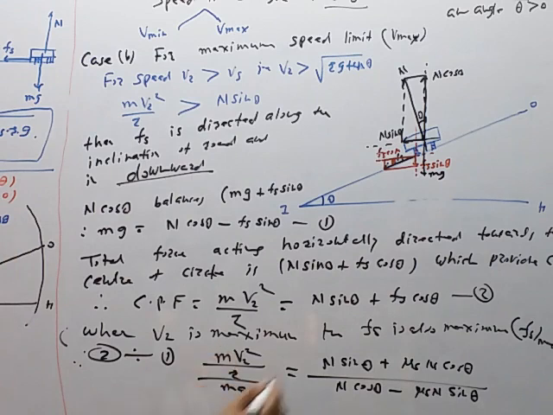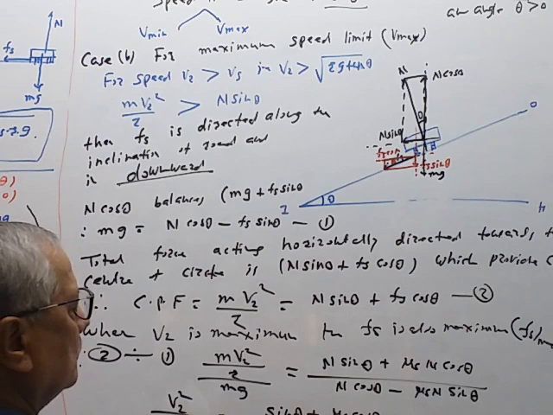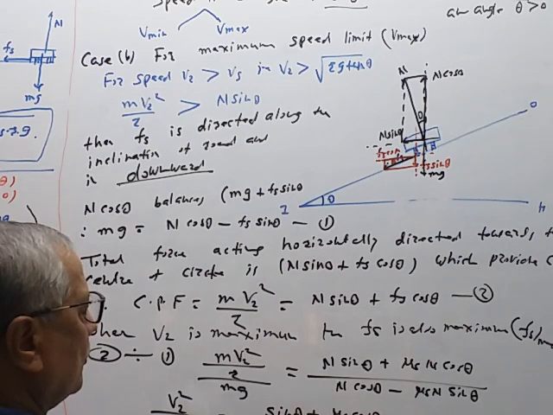So n will get cancelled, and therefore v2 square upon rg is equal to sin theta plus mu s cos theta upon cos theta minus mu s sin theta.